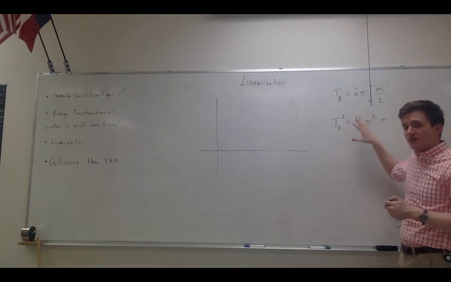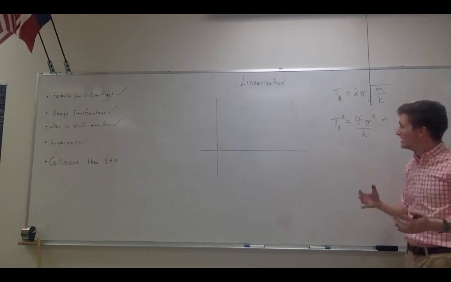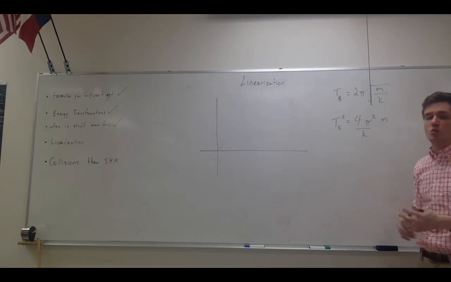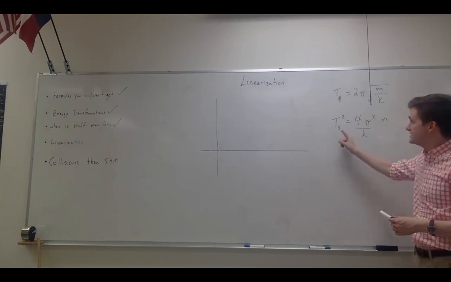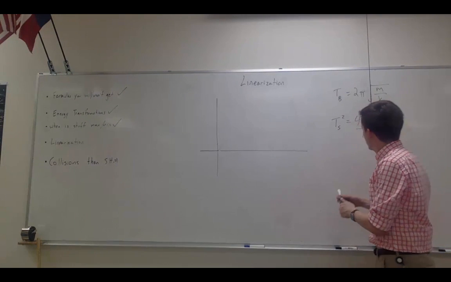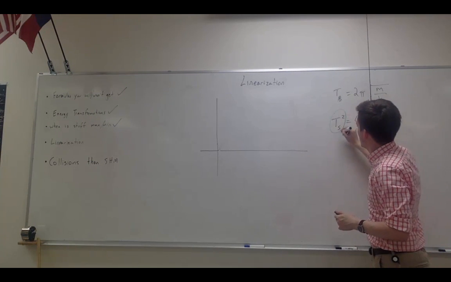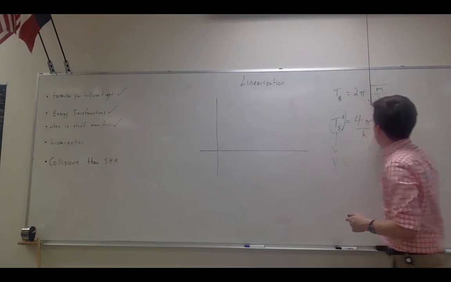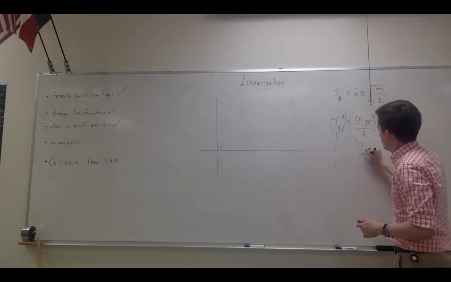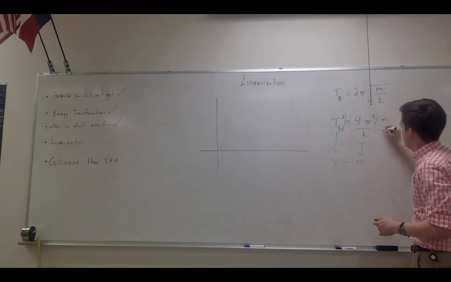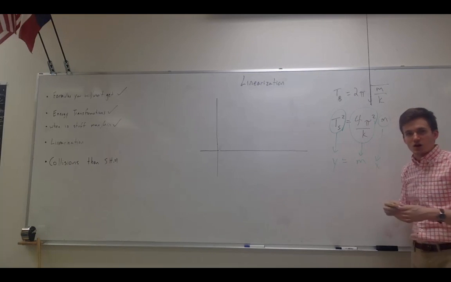Now, looking at this, you probably don't see it yet, but eventually you'll get to the point where you can see it's in y equals mx form. This is what we're going to put on the y-axis. This is our slope. This is our x.